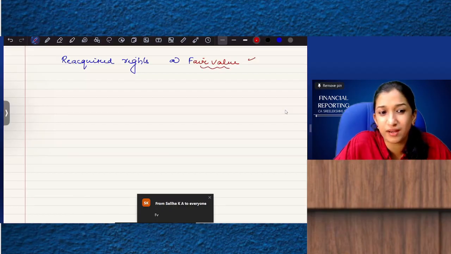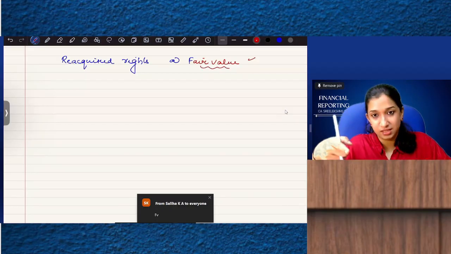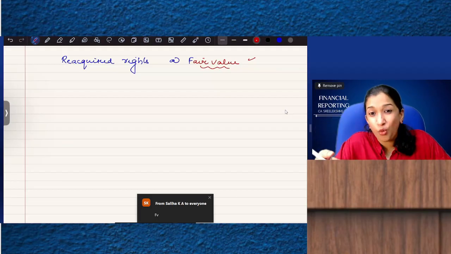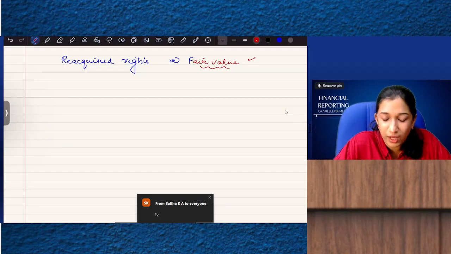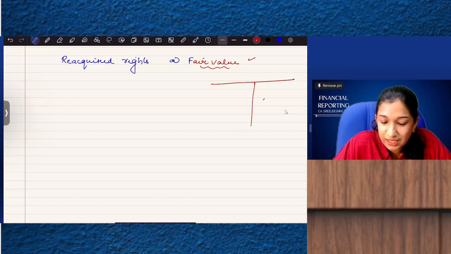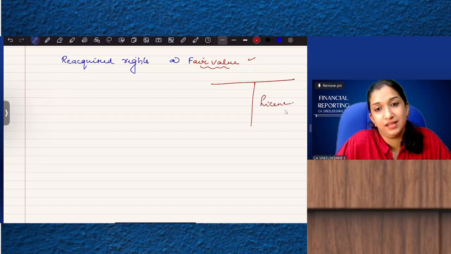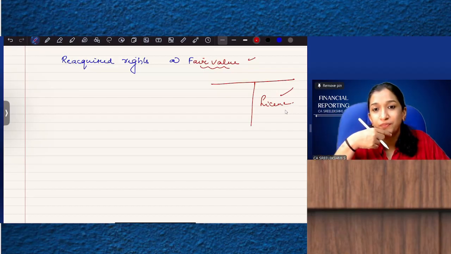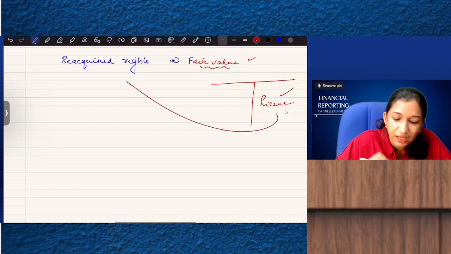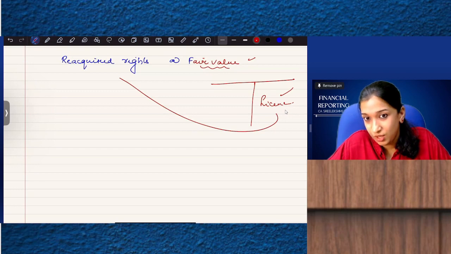What is reacquired rights? Say I have given you a right and I'm reacquiring it back from you. So you are the acquiree. In the books of acquiree, there is a license which the acquirer has originally given. So this license will be taken back by the acquirer.